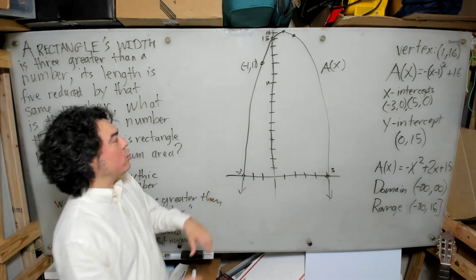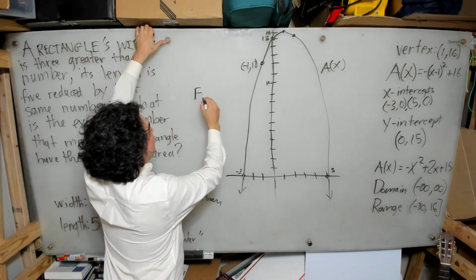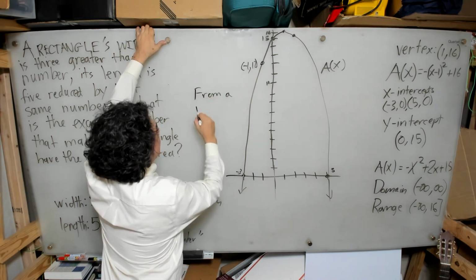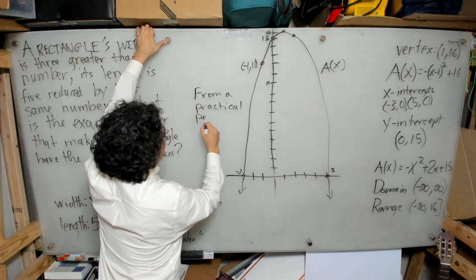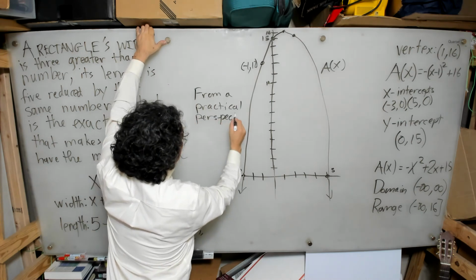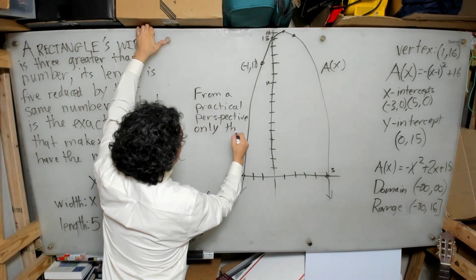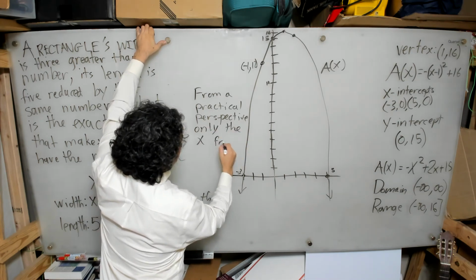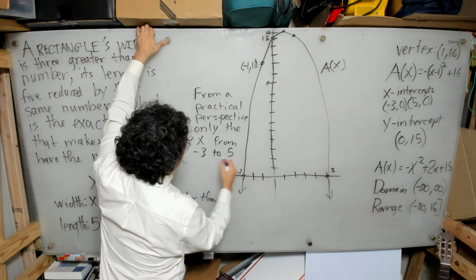So from a practical perspective, only the x from negative 3 to 5 makes sense.